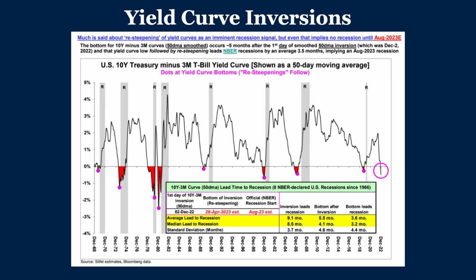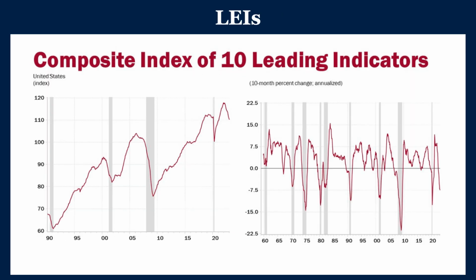But even in that case, it's possible the recession could hit 12 months from now, even if the data tells you it's probably going to hit 5, 6, 7 months from now. So again, looking at this data makes a strong case that a recession is coming.